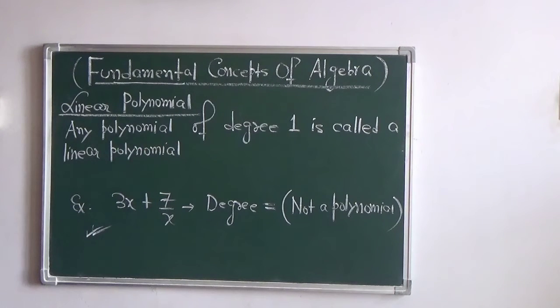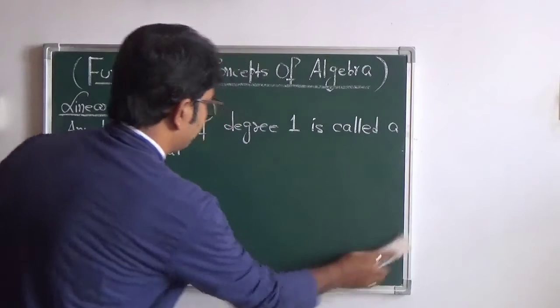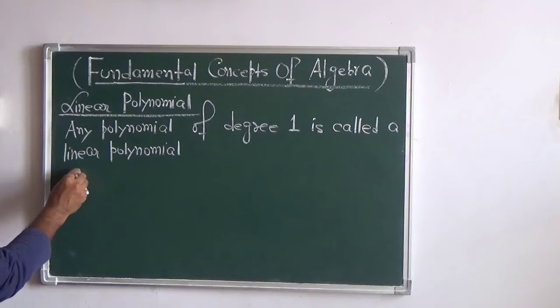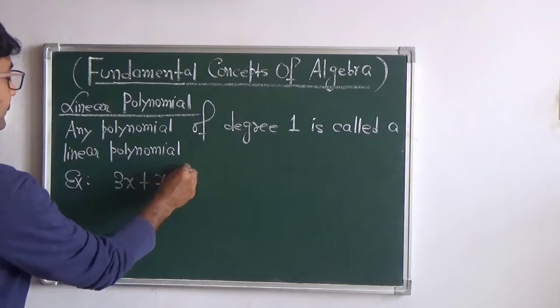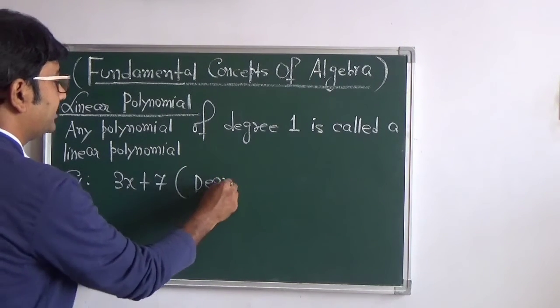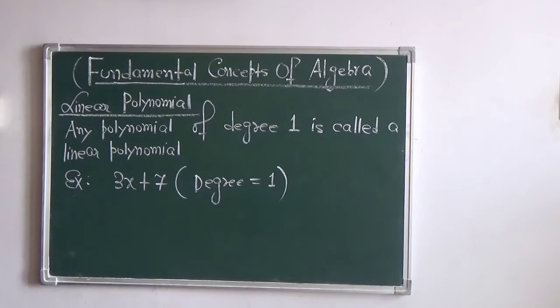So any polynomial of degree 1 is called a linear polynomial. For example, you can take 3x plus 7. The degree of this polynomial is equal to 1, hence it is called a linear polynomial.